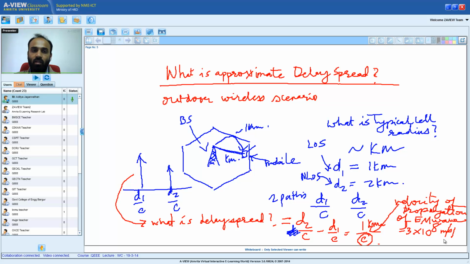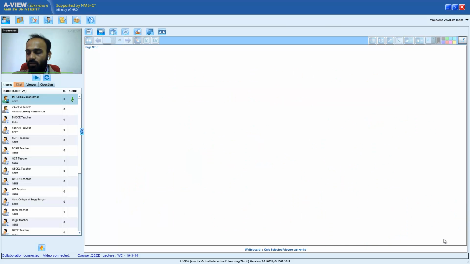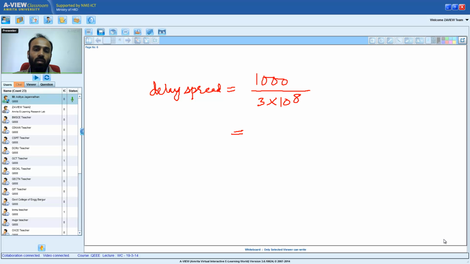So delay spread equals 1 kilometer, which is 1000 meters, divided by 3 into 10 to the power of 8 meters per second. Can someone tell me what is the value of the delay spread?